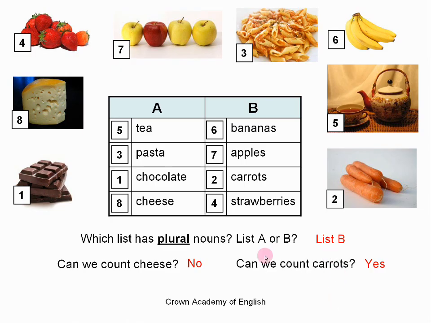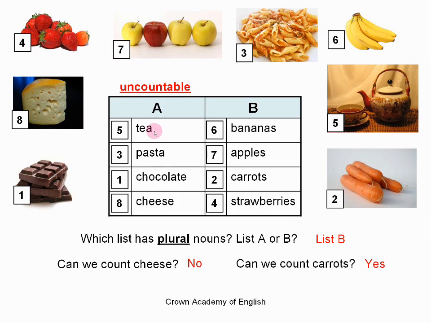And in fact, that is the rule which separates a noun from being either countable or uncountable. And so the list A, all of these words are uncountable nouns. We cannot count tea, for example.